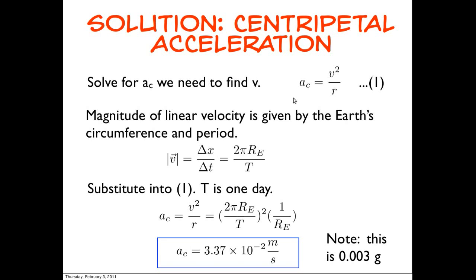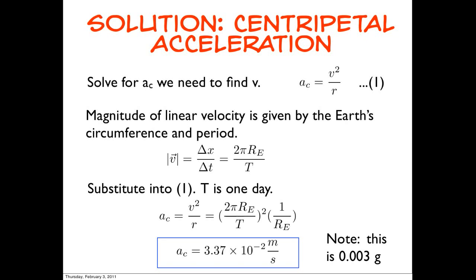The centripetal acceleration is equal to v squared over r, so we need to find an expression for v. The magnitude of the velocity is equal to delta x over delta t. The displacement delta x is equal to the circumference of the Earth at the equator, 2 pi times the radius of the Earth. And the time that we're talking about in this case corresponds to the period T, 1 day.